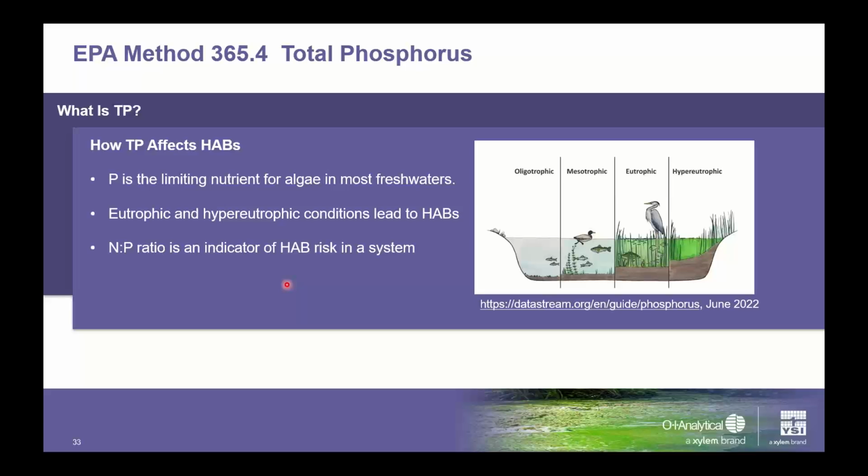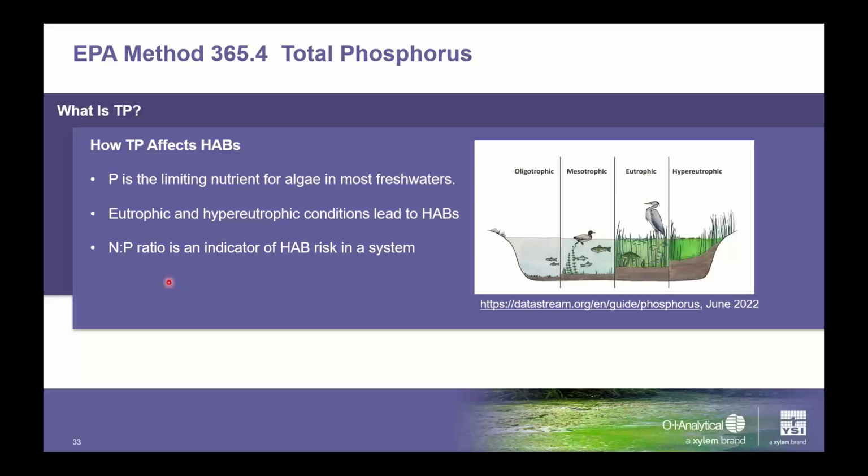What we've learned is that the higher that ratio, the greater your risk of having a harmful algal bloom. So it's not just a matter of looking at phosphorus. You really have to understand both of these nutrients for really understanding your risk. And that ratio is different in different systems.